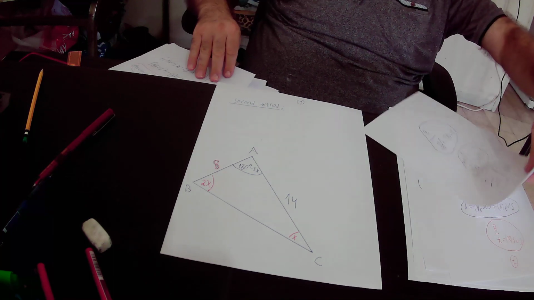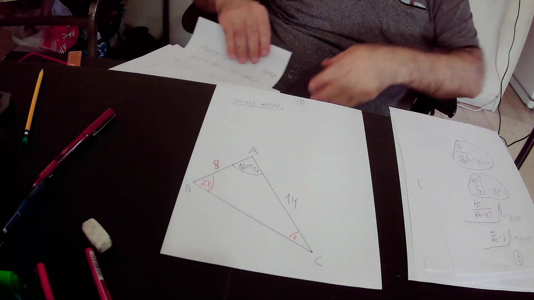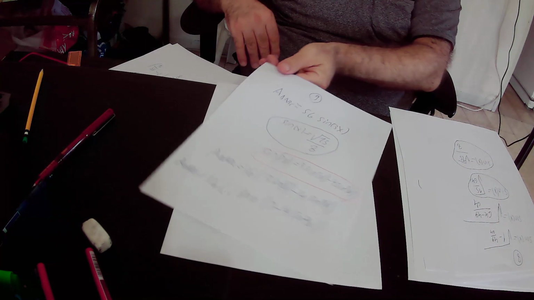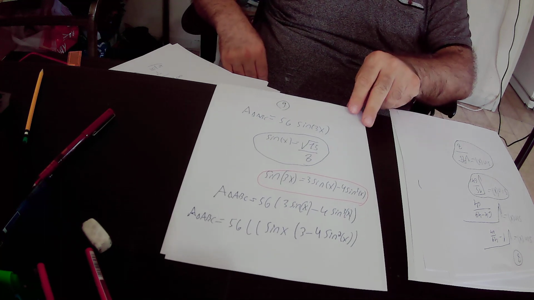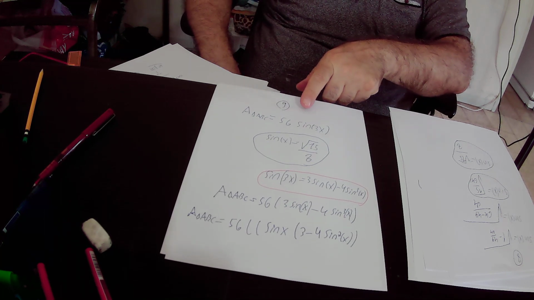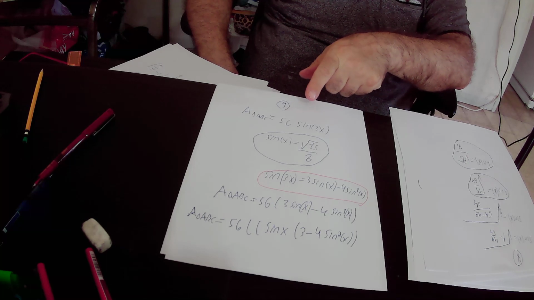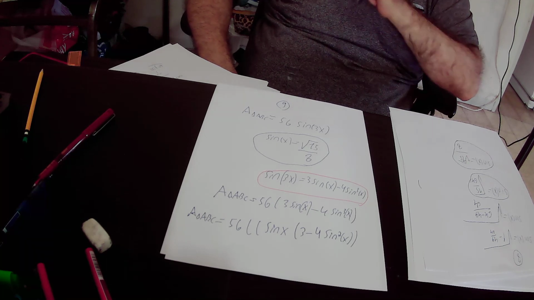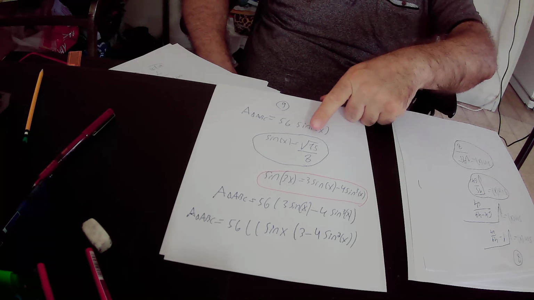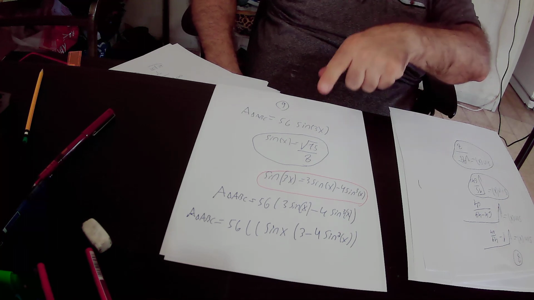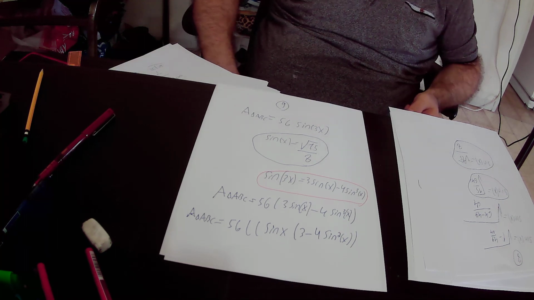And we have the previous equation that states that the area of triangle ABC equals 56 times sine of 3x. And we already found out that sine x equals root 15 over 8.